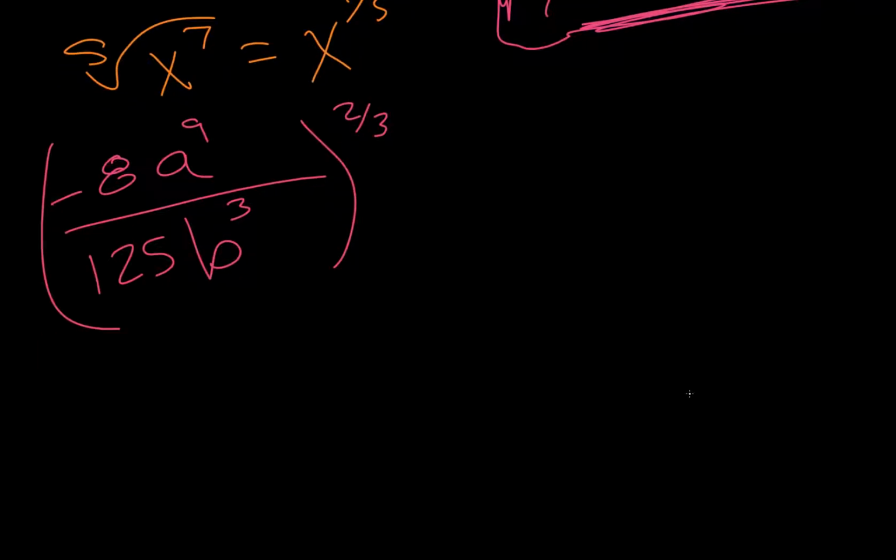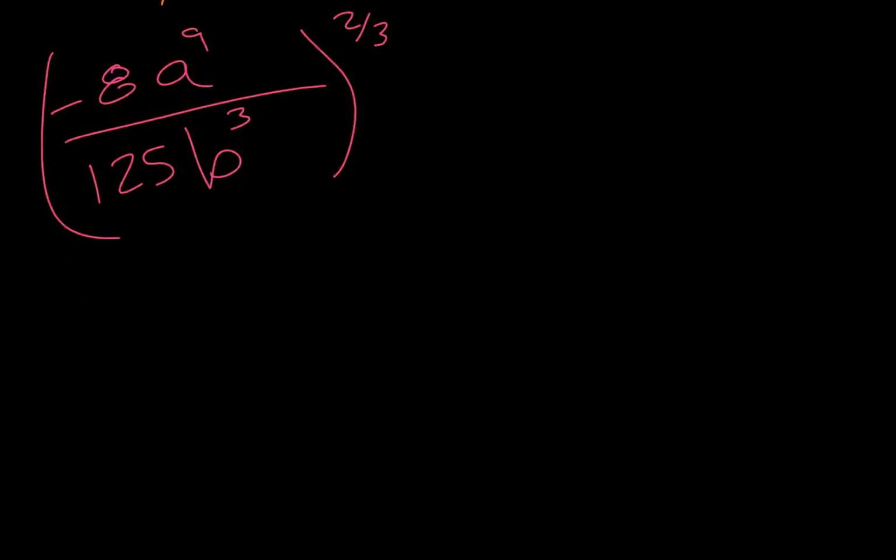The way we want to approach this one is to use the rule where we multiply exponents from the previous video. We want to keep in mind that these really have an exponent of 1, even though we can't see it. So we're going to take this 2/3 and multiply it here, here, here, and here, or on all the exponents.